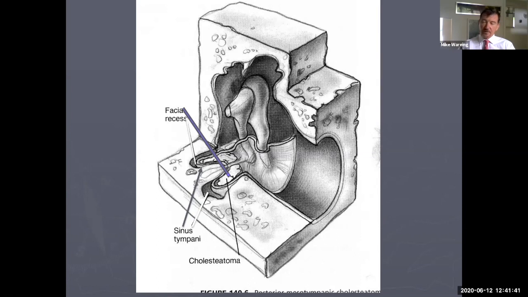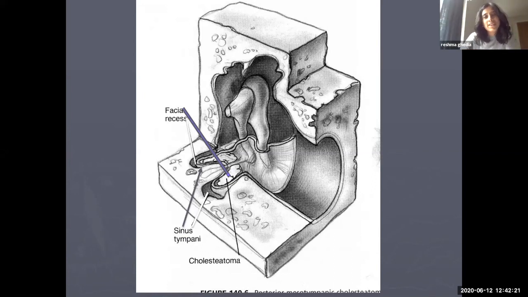I mean, we're going to come on to this in a minute. You expose the attic, and you also look down the ear canal, aiming to preserve that posterior canal wall, which means you don't have a cavity in the end. But again, the disadvantage is you've gone through quite a lot of normal tissue before you get to the disease.